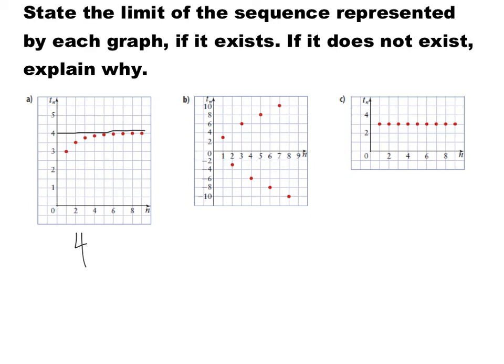The second one, you can see that when the n value increases, if the n value is an odd number, 1, 3, 5, 7, and so forth, the limit becomes plus infinity because it goes up.